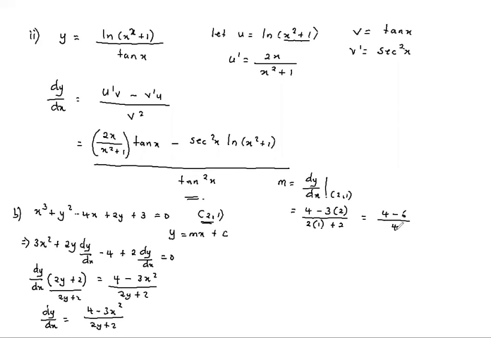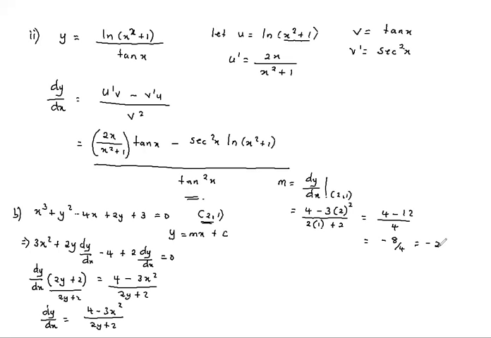So the 2 should be squared. Okay, 2 should be squared. Thank you. So this is going to be 4 minus 3 times 4, which is 12, over 4. So that we get negative 8 over 4, which is negative 2. So negative 2 is our gradient, our tangent line gradient.